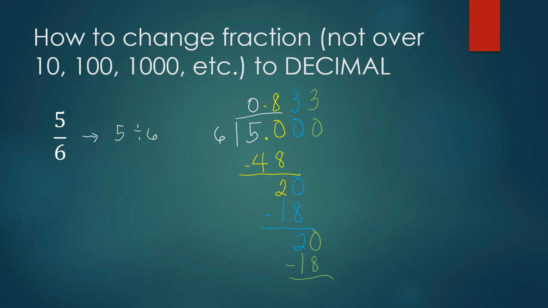You see that it will just keep on having 2 as the remainder. So that means 3 will keep on repeating. So our answer is 0.8333 and so on, which could be written also as 0.8 with a bar over the 3. The digit that repeats is 3, so we write 3 and then put a bar line over it to indicate that that is the digit that is repeating.